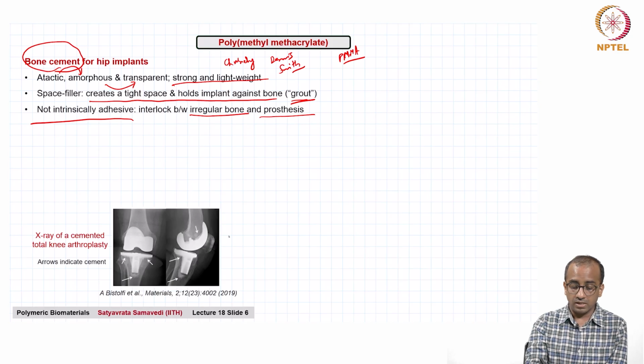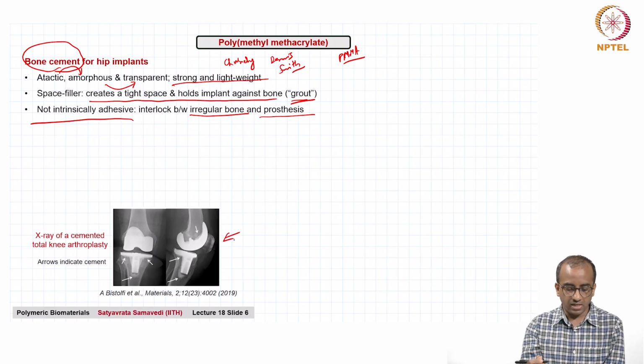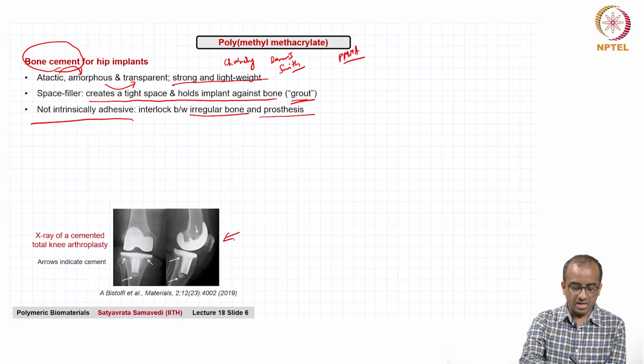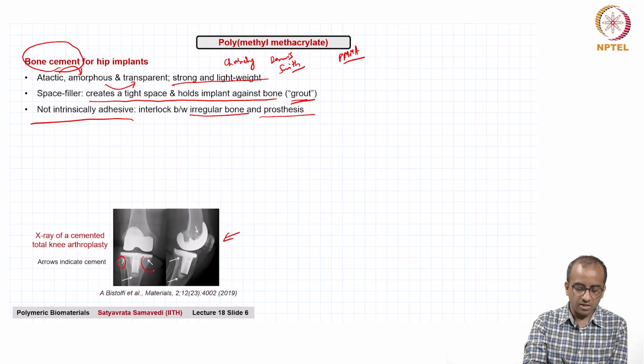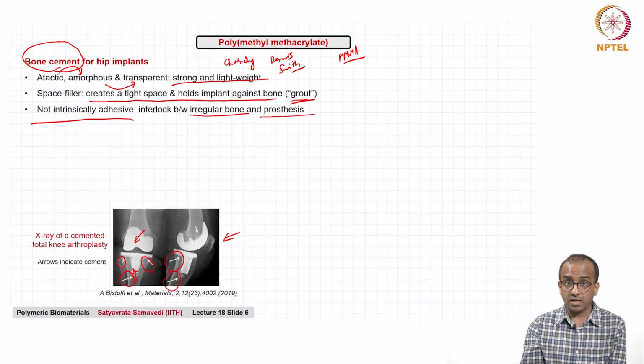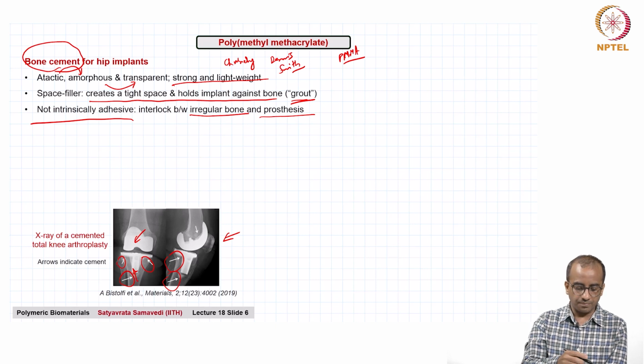And shown here is an X-ray of a cemented total knee arthroplasty, where the arrows indicate the bone cement, right. Now, of course, this part is the knee implant itself, which again we have seen in great detail in previous lectures.